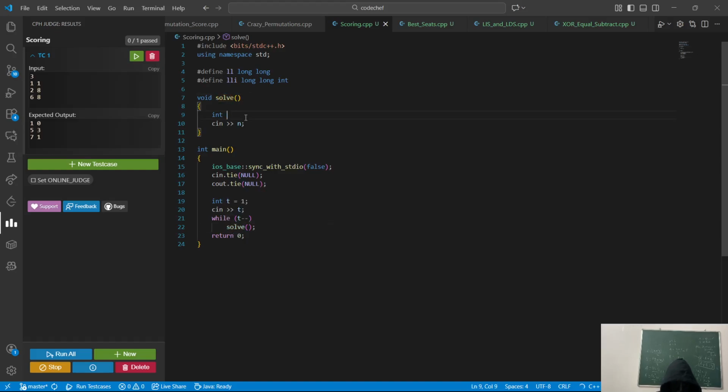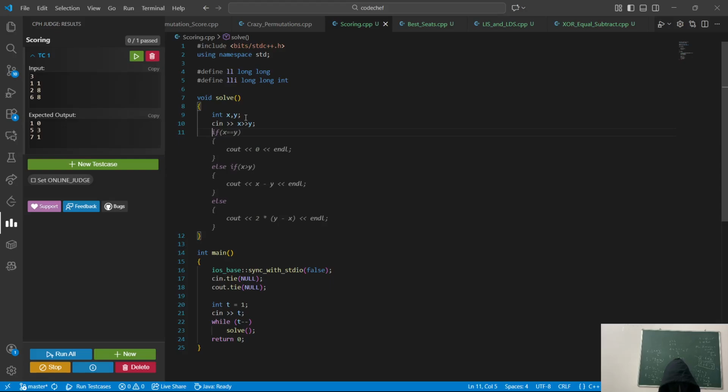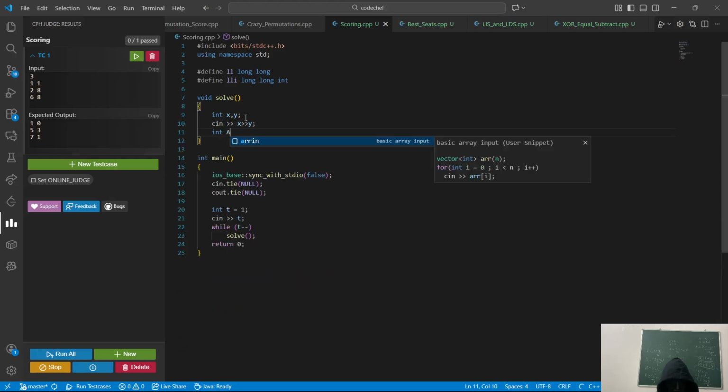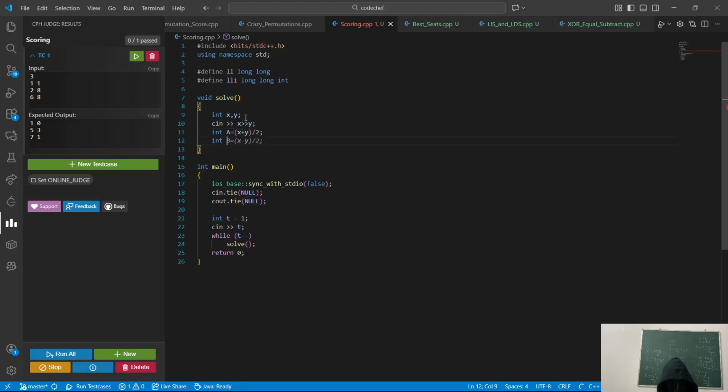Let's take X, Y as input. Now, as I said, let's denote A as Alice's score, which is going to be (X plus Y) whole divided by 2, and Bob's score, as you have seen, is (Y minus X) whole by 2, and we need to output A and B, basically Alice's score and Bob's score.